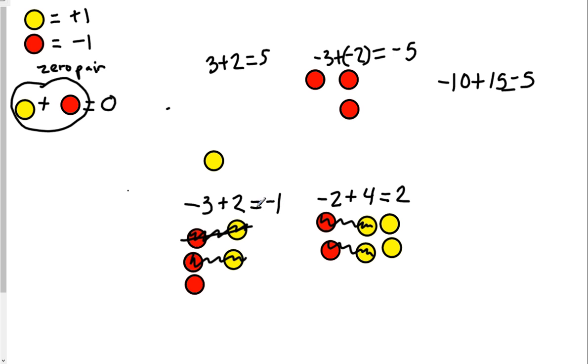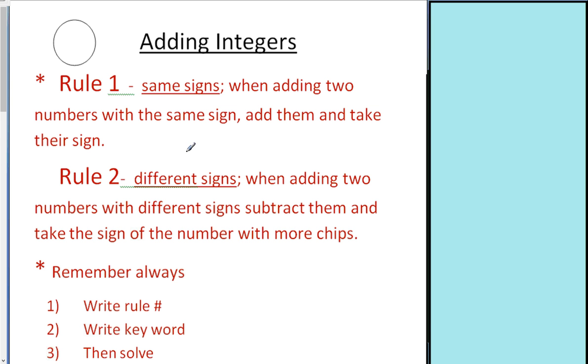Did the red have more chips or did the yellow? The red had more chips, so that now when we make 0 pairs, I'm going to have a leftover red. Here, -2 plus 4, I made 2 0 pairs, so I subtract 4 minus 2 is 2. And my answer is going to be positive because I had leftover yellow chips. Hope that makes sense.